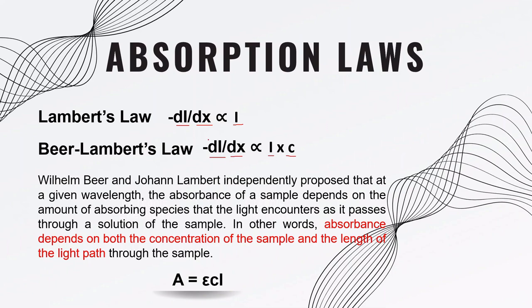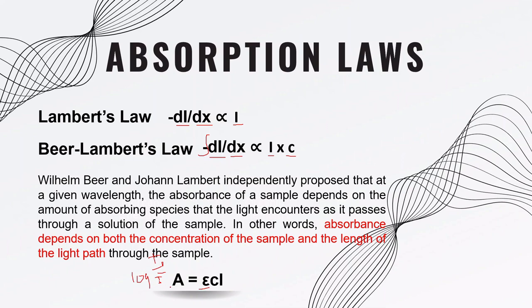Based on that, it can be given by the equation minus dI by dx is directly proportional to I into C. When we integrate this mathematical expression, we get the equation log of I naught by I is equal to absorbance, which is equal to epsilon into C into L. Epsilon is the molar extinction coefficient.